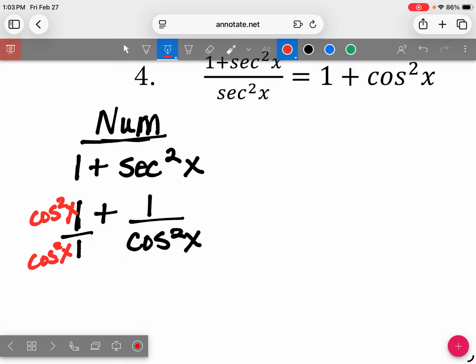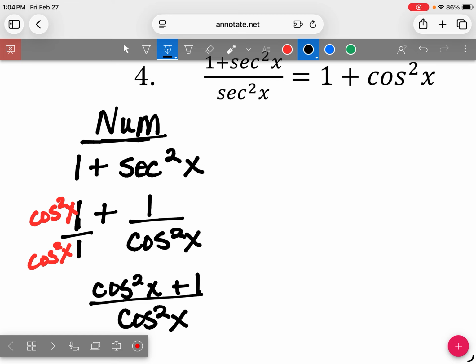Sorry, this new pen is not as good as my old one. So now I have cosine squared at the bottom. And then at the top, I have cosine squared times 1, which is cosine squared, and then plus 1. So at the top, I have a cosine squared plus 1.